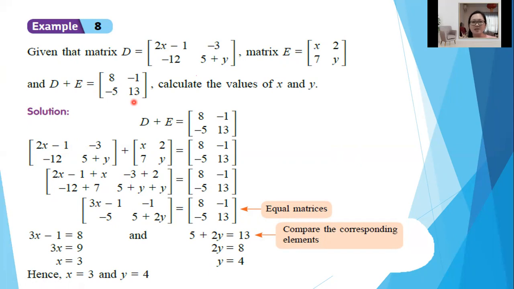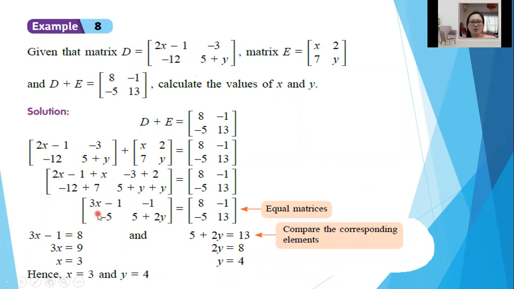Since it is given D plus E equals 8, -1, -5, and 13, we will put D and E together by using the symbol plus. So put all the elements of matrix D and matrix E, and put the addition according to their corresponding elements. So we will solve them.